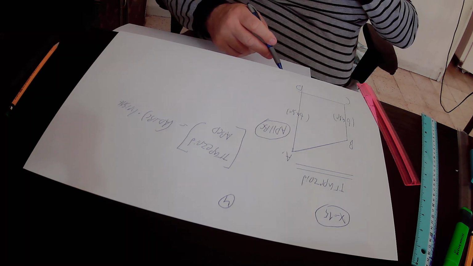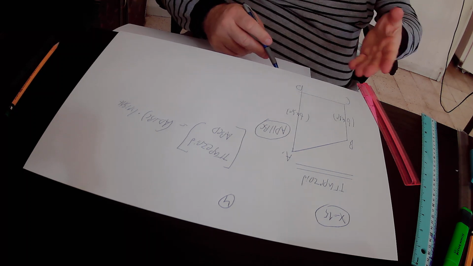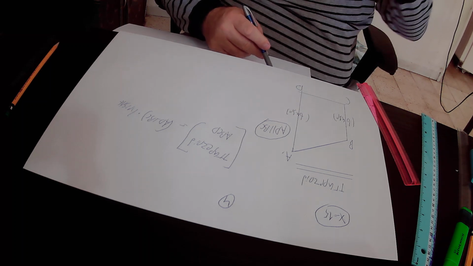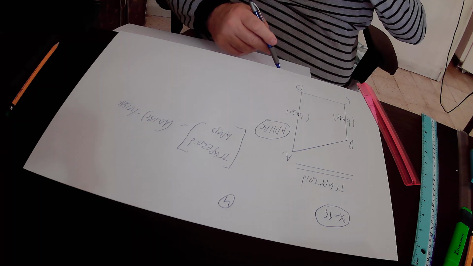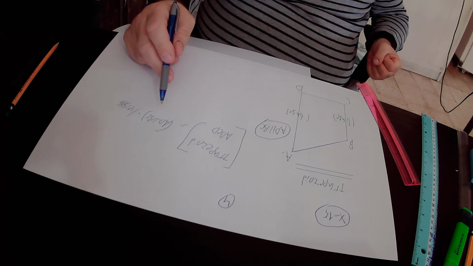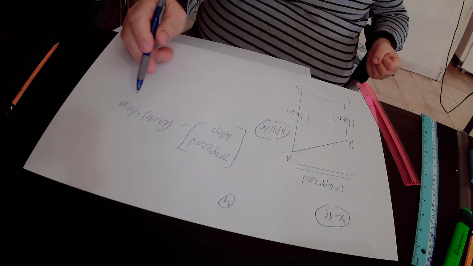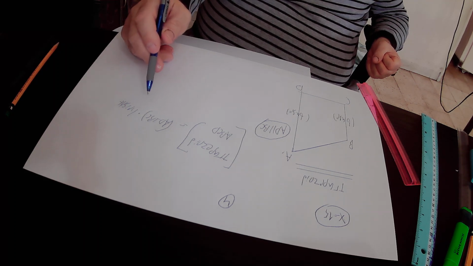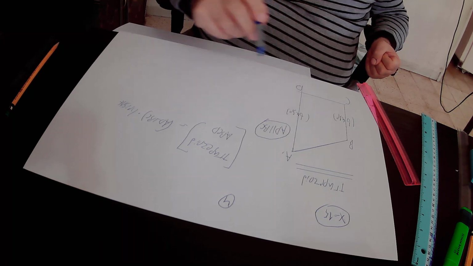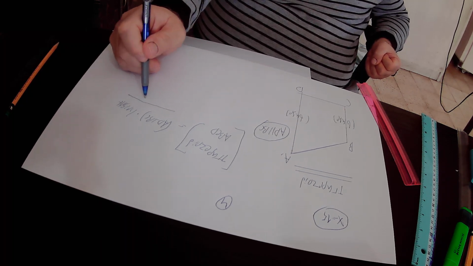If the height creates 90 degrees with one base, it must create 90 degrees with the other base. So the sum of the bases, AD plus BC, times the height, again, the height must create 90 degrees with the two bases, divided by 2.